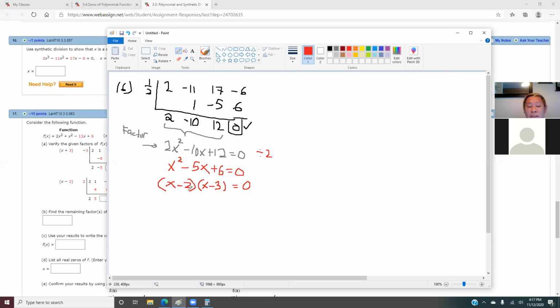So can you tell me what is your solution in this case? Your answer here? Make them equal to 0. Don't forget to make them equal to 0. So what happens when you make this become 0? x minus 2 becomes 0. x is what?